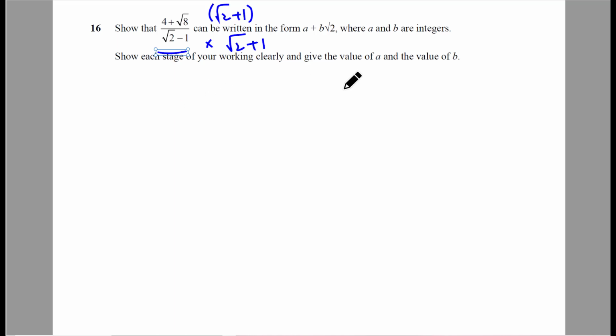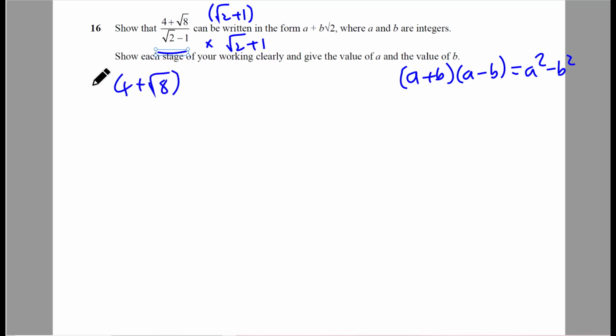Now, hopefully you know if you have A plus B times A minus B, this is what happens when you multiply by a conjugate pair. You're going to get A squared minus B squared, which makes this working out a bit easier and saves you some time. So let's just write this out. So we're doing root 2 plus 1.